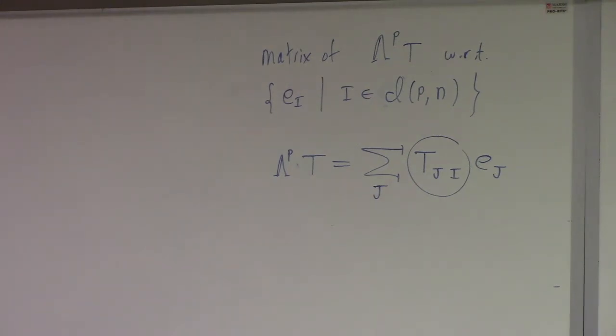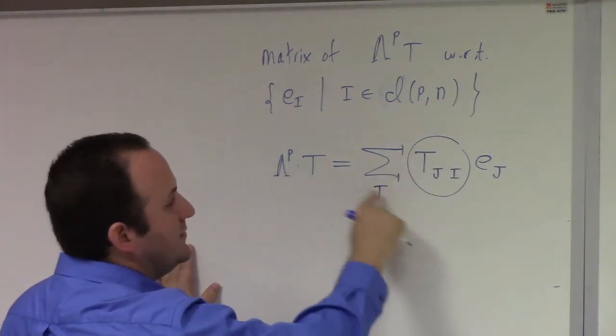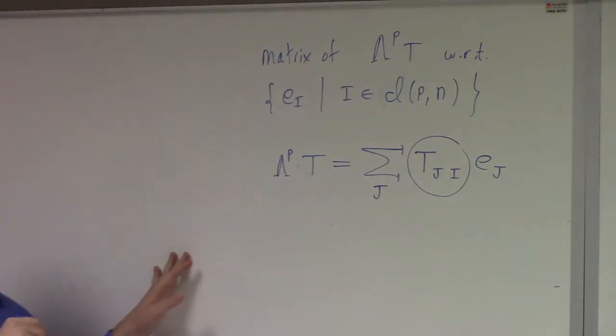So in one of your homework problems, I have you explore this in the case, I think, of a 3-dimensional space. I asked you to actually calculate this matrix in the case p equals 2 and n equals 3. Now, that would be much meaner if I weren't going to provide you a copy of Rentlen.